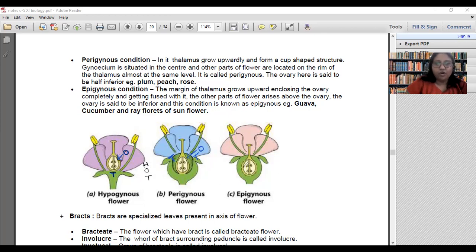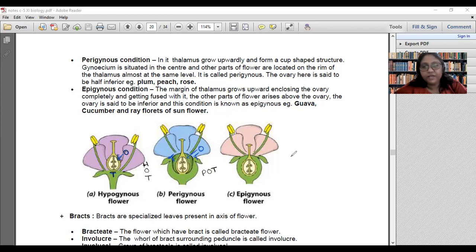Okay. और इसको हम लिखते हैं ऐसे POT, pot. Why? Because in perigynous flower, ovary and thalamus actually go side by side. Okay.